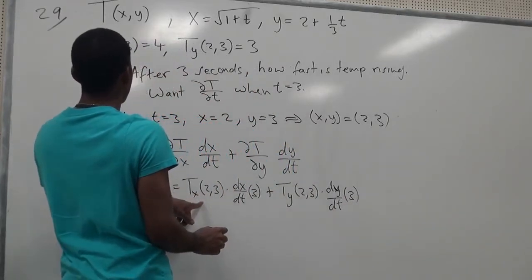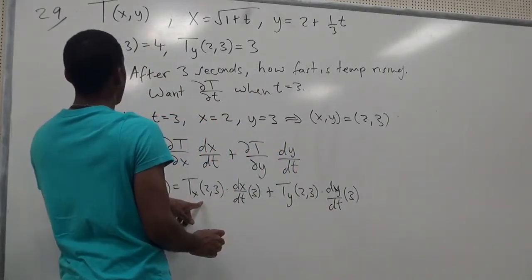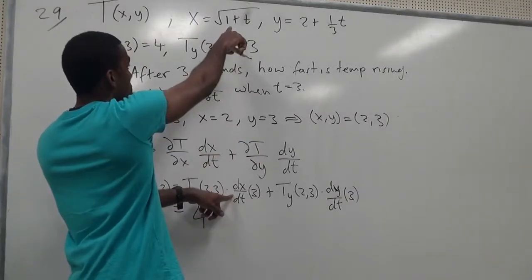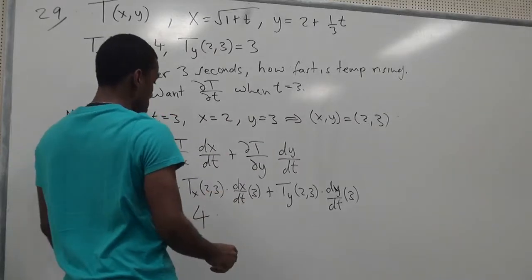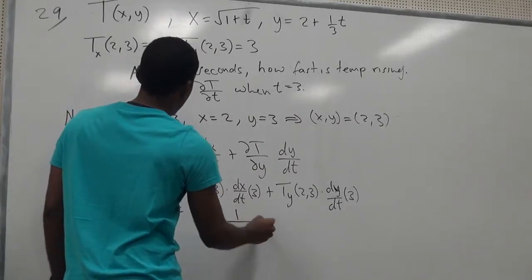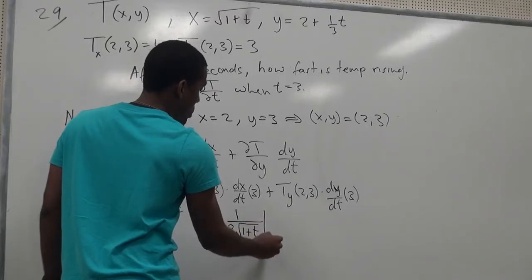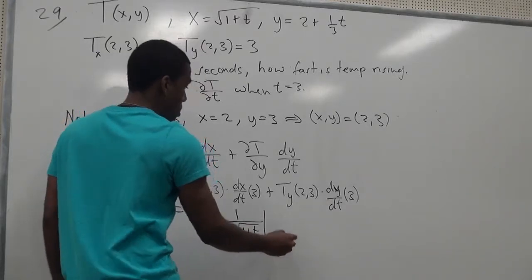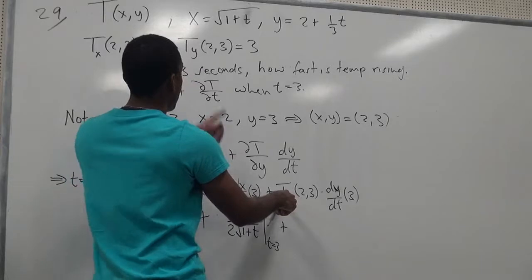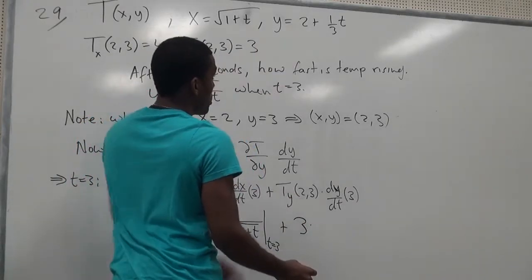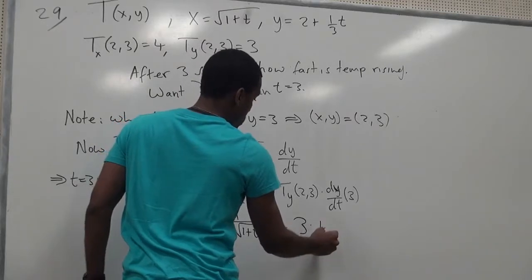Now this we actually know, right? That's 4. For dx/dt, I have to find the derivative of that with respect to t, which is going to be 1 over 2 radical 1 plus t, and I want to evaluate that when t equals 3. Plus this guy I know, that's 3, times the derivative of this, which is just a third.